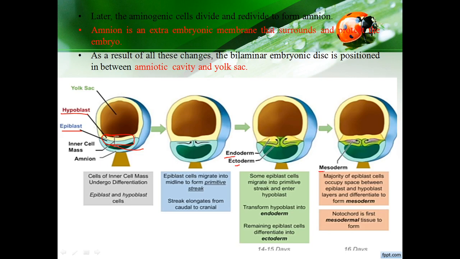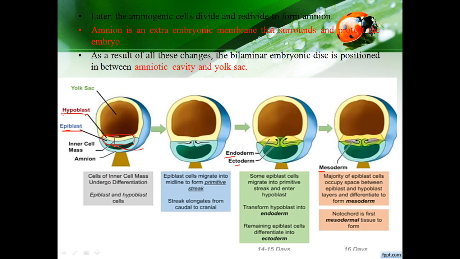This transformation occurs by division, redivision and migration of the cells of the epiblast. You can see here the presence of the two layers, the hypoblast and the epiblast, which are formed from the innermost cell.